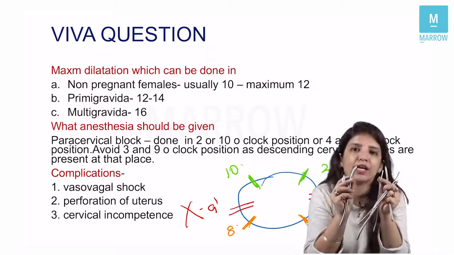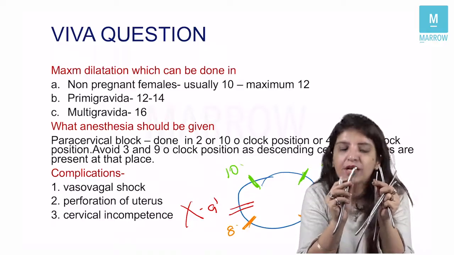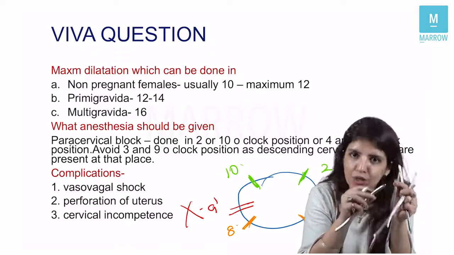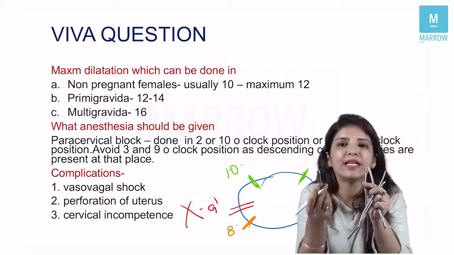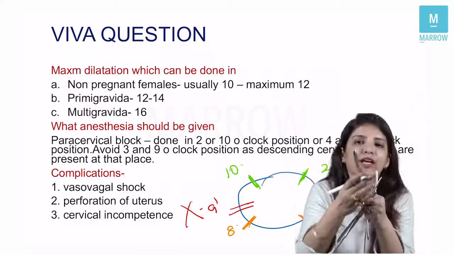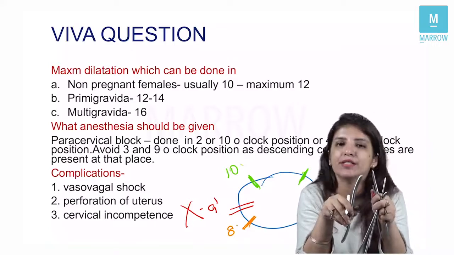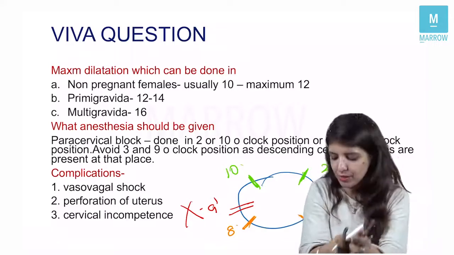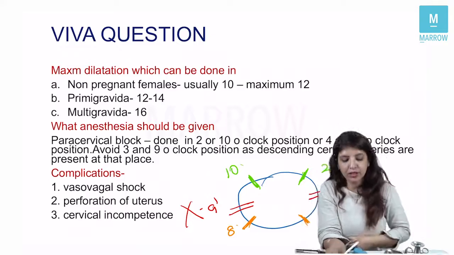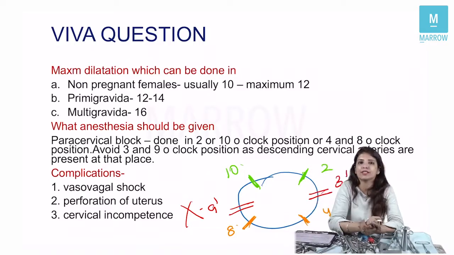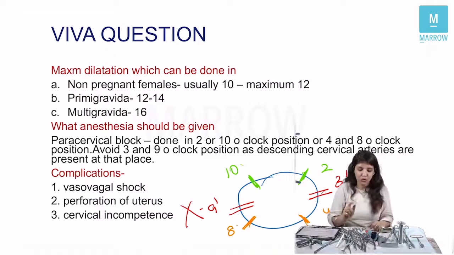Hagar's dilators are 12 in number, starting from number 3 and going up to 26. Each end will have a different number, that is why we have 12 Hagar's dilators. The third complication could be if you dilate forcibly, which can lead to cervical incompetence.